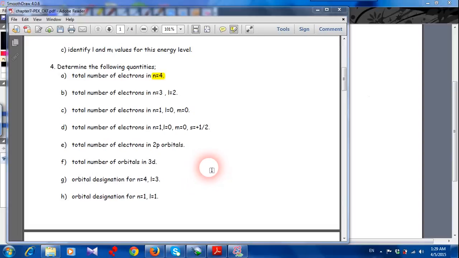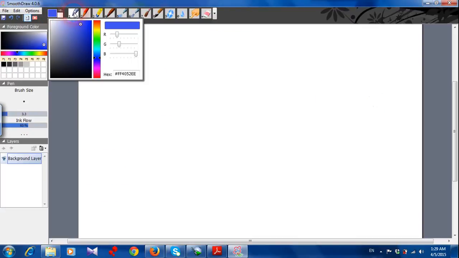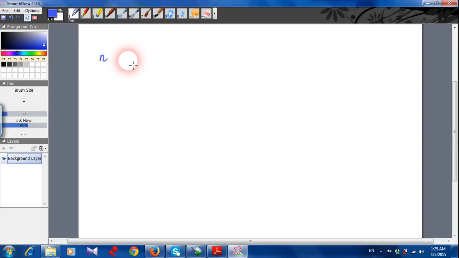Hi friends, this is question number 4 in chapter 7. Part A: the total number of electrons in n equals 4. We know that the number of electrons in energy level n is n squared, and the maximum total number of electrons in an atom will be 2n squared.